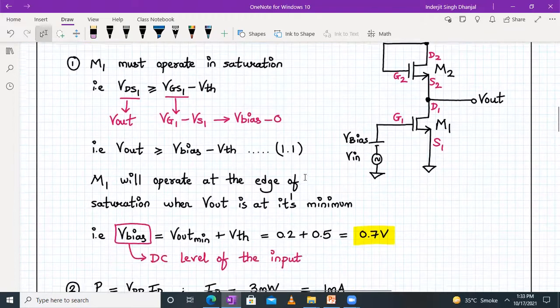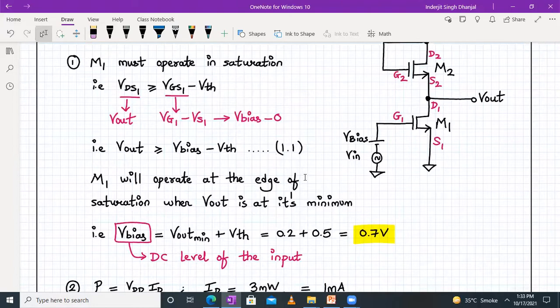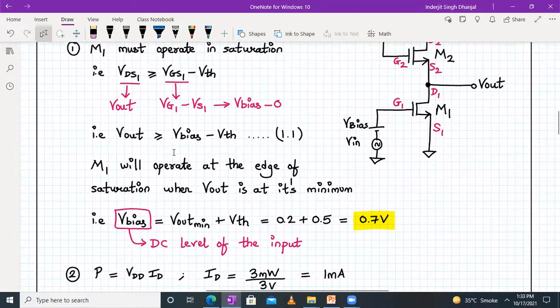Basically, M1 will operate at the edge of saturation whenever V out is at its minimum value. That means V bias should be equal to V out minimum plus VTH. From 1.1 we can rewrite this as V bias equal to V out minimum plus VTH, because M1 operates at the edge of saturation when the output is minimum.